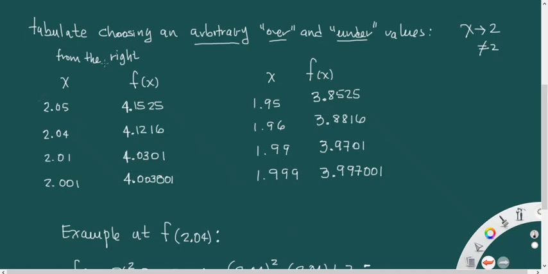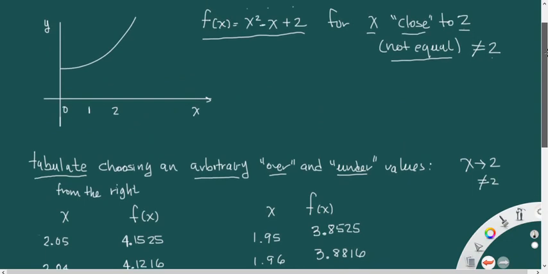And as you see here, in this table I am tabulating the function. This is the tabulated form of the function. I am picking 4 values from the right. What I mean by from the right is that if we have this plot, this is the target value.